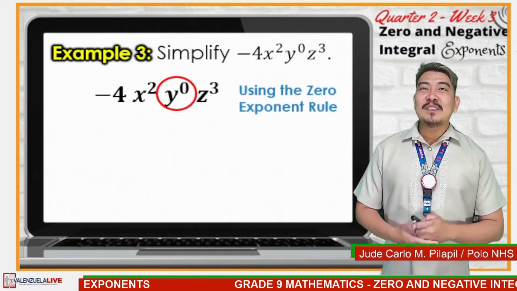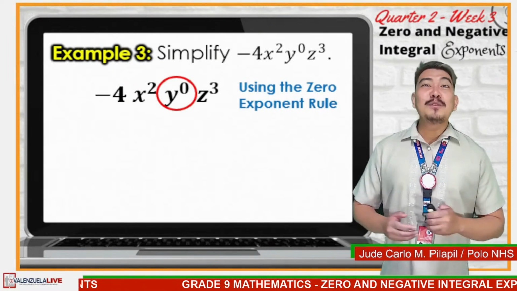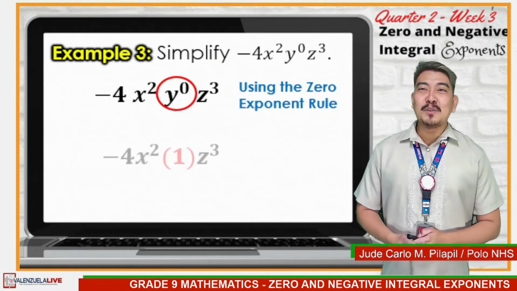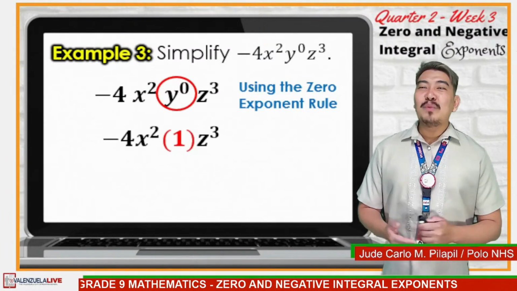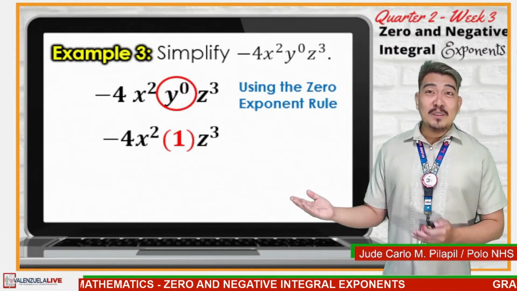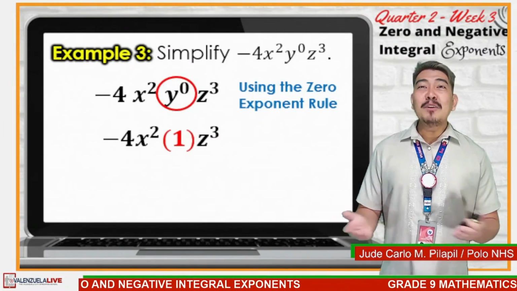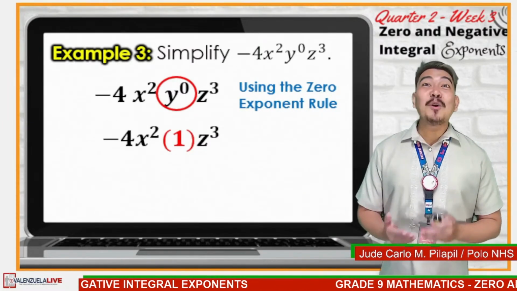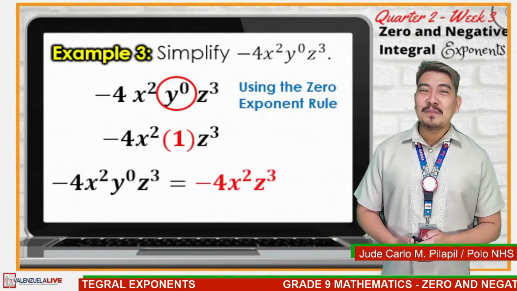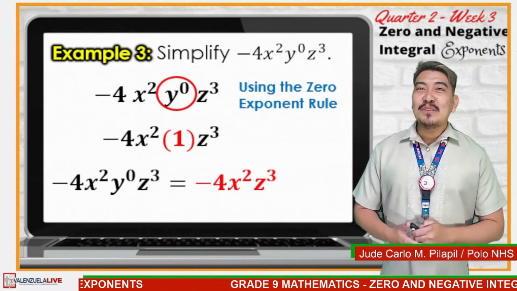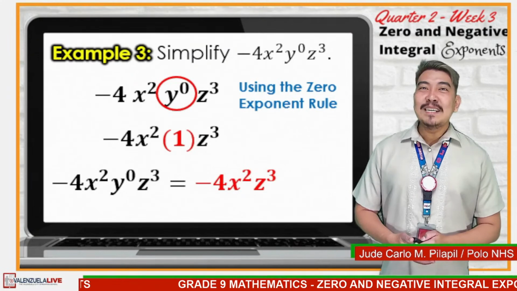So applying the zero exponent rule, we all know that y raised to 0 is equal to 1. Now we have negative 4x squared times 1 times z cubed. So by multiplying the result, we will now obtain the final answer, and that is negative 4x squared z cubed.